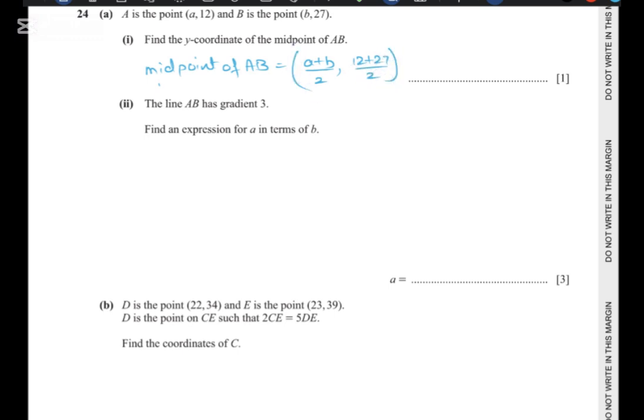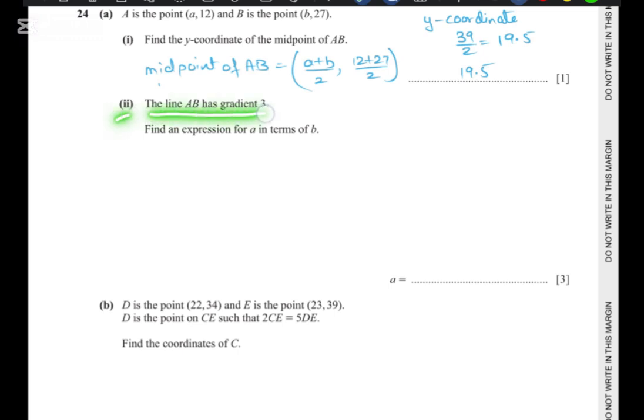We need only the y coordinate. So simplify this. 12 plus 27 is 39, by 2, which is 19.5. So the answer is 19.5. Question 1 is done. Question 2 now.